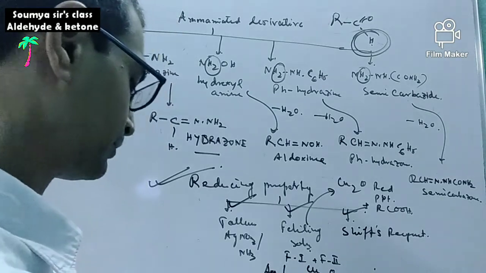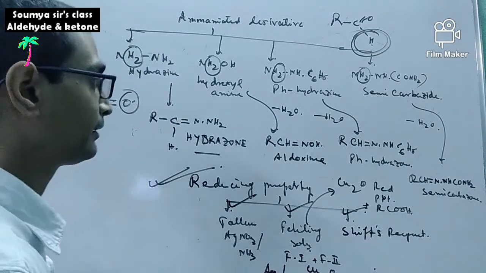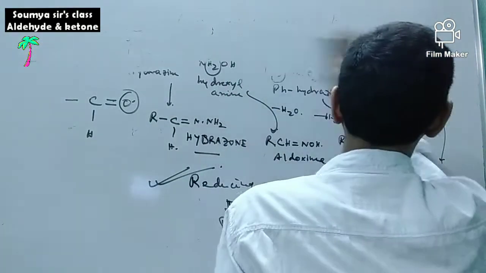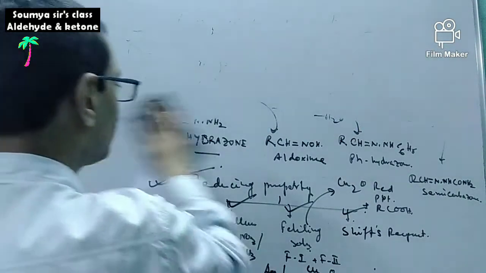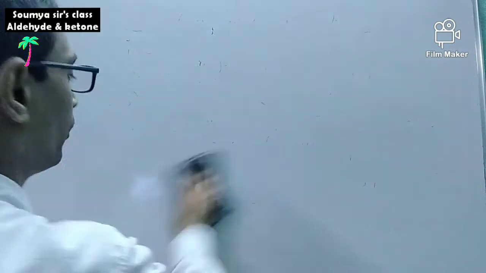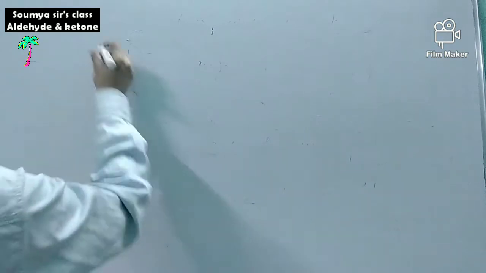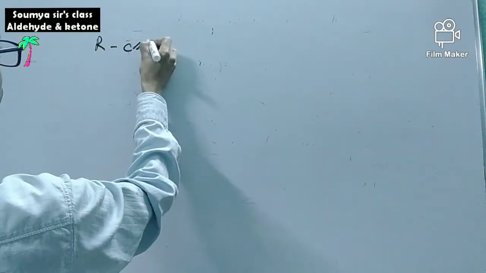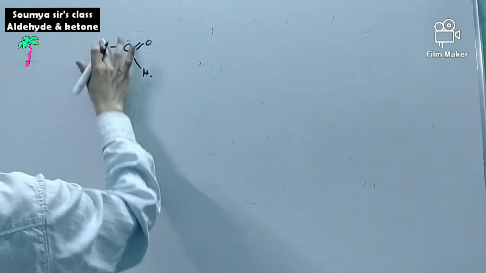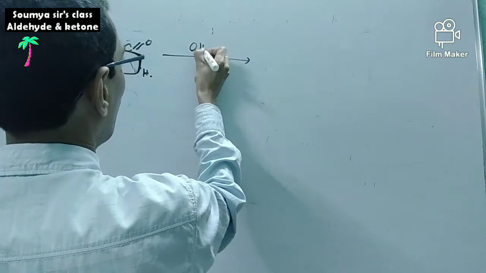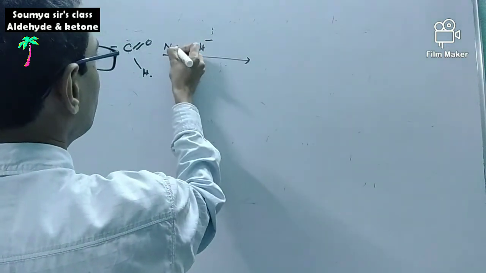And another one is Cannizzaro and aldol. The mechanisms of Cannizzaro and aldol will be discussed in the next class, but the Cannizzaro reaction overall is RCHO, or only HCHO being formaldehyde, in OH medium. Let's say this is NaOH.